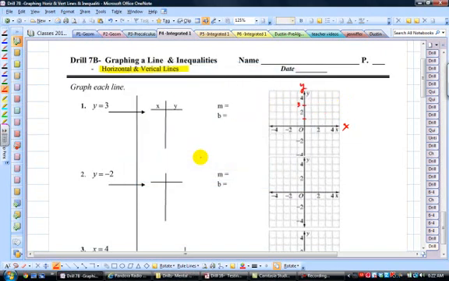Alright, so the way you can prove that, though, is to simply plot 2 points on the line where y is 3. Pick any 2 points where y is equal to 3. So how about negative 1, 3? Notice y is equal to 3 here. How about 0, 3? How about 2, 3? Y must be equal to 3.